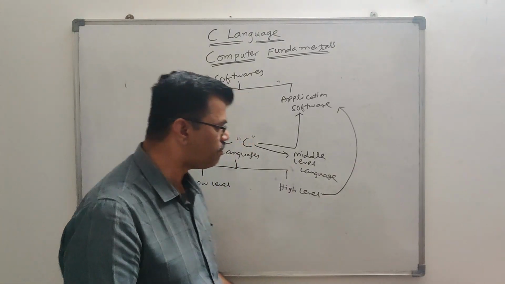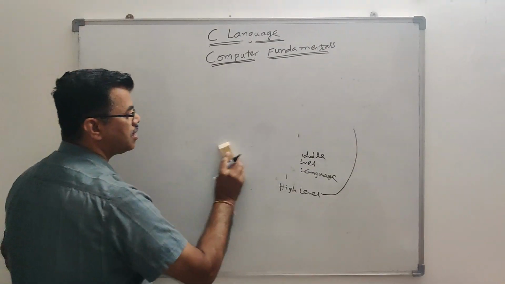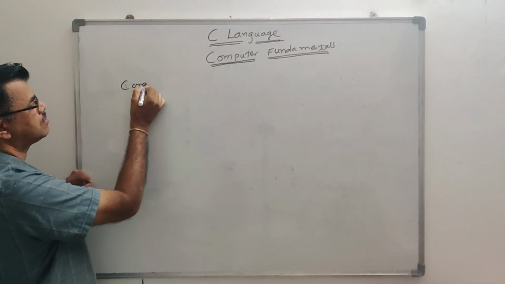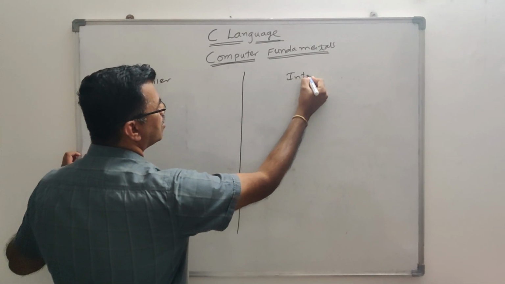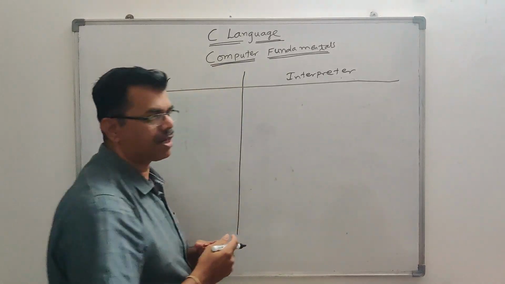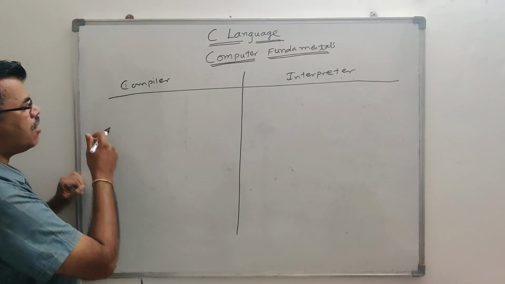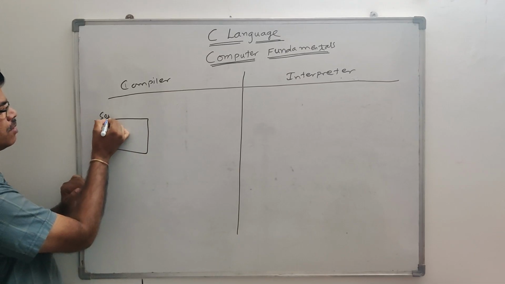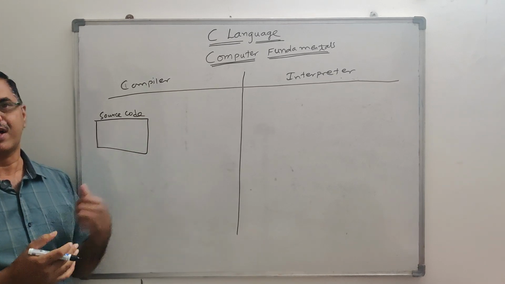Now, we have two more important terms in computer fundamentals, that is compiler and interpreter. This is a very important one as a beginner. When you write a source code, the programs we are going to write, we call it source code.